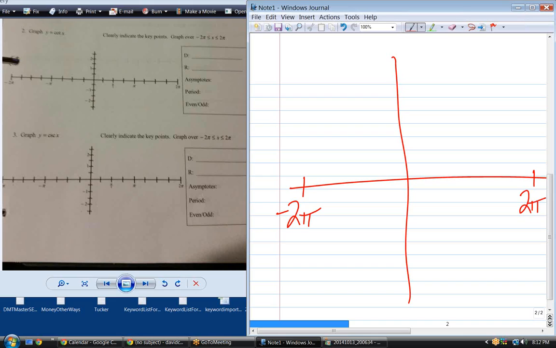Where do my asymptotes go? Vertical asymptotes. Because once you have the asymptotes, then you can draw the function in between them. But you need to know where the asymptotes go. I do not know where the asymptotes are.